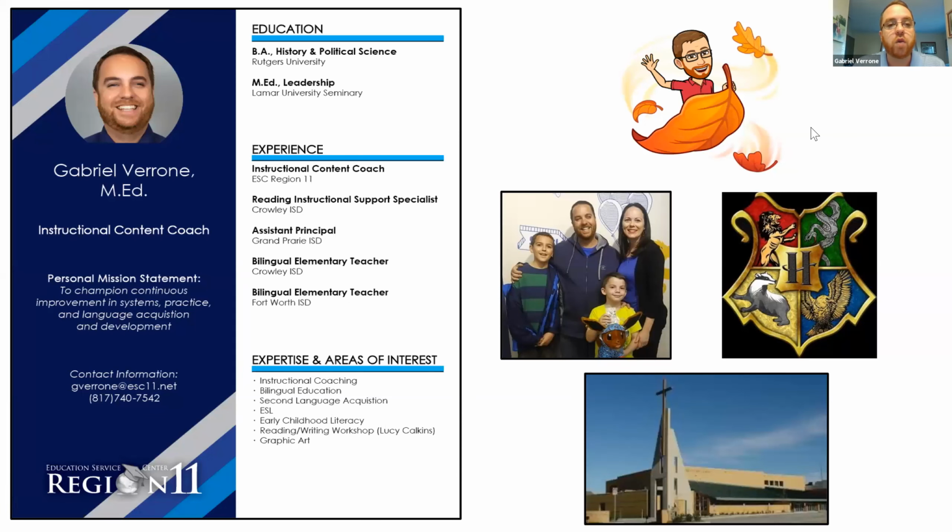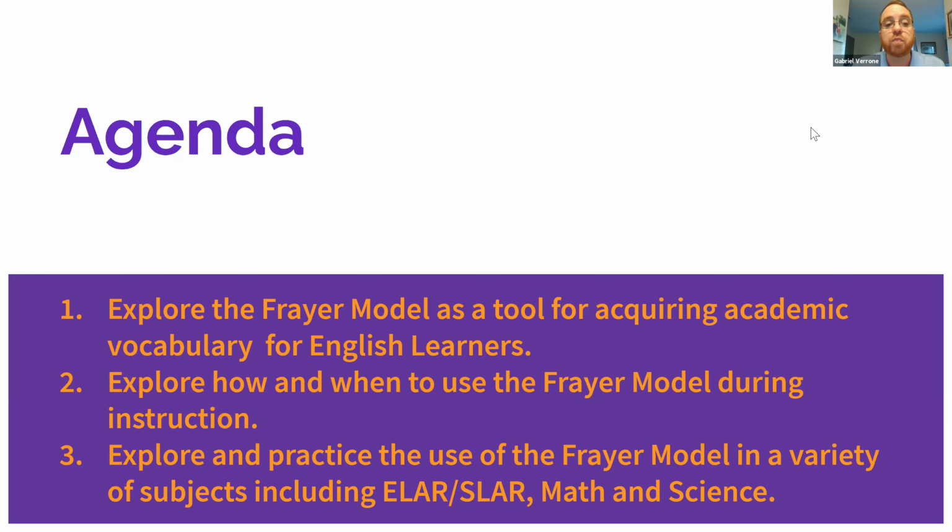All right, so here's our agenda for today. We are going to explore the Frayer model as a tool for acquiring academic vocabulary for English learners, but obviously for all students that are in your class or in your setting. We're going to explore how and when to use the Frayer model during instruction, and we're going to explore and allow you to practice using the Frayer model in a variety of subjects, including language arts, math, and science, right?